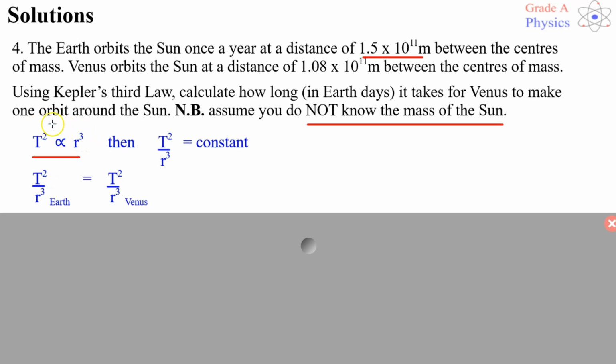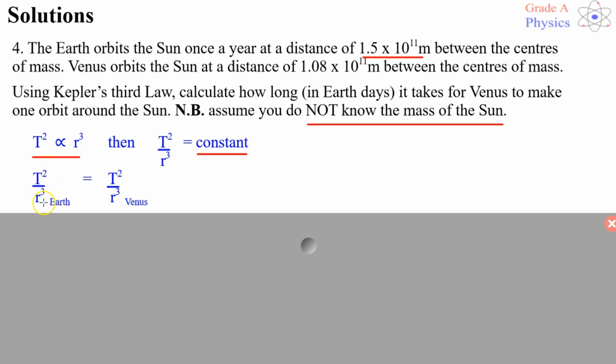So if that's true, even though we don't know what the constant of proportionality is, I can rearrange this and say T squared divided by r cubed must be equal to some constant. And actually that would be the G's and the M's and the 4 pi squared. So even if we're assuming we do not know the mass of the sun, if that is a constant, then it must be true that for any planet, this ratio is the same.